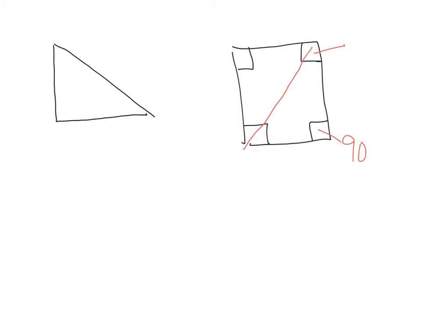And what would this be? Half of 90 is 45. And then this would be 45. And if you add them all together, it equals 180 degrees. So it's fair for us to say that the total number of degrees in all three angle measures is equal to 180 degrees.